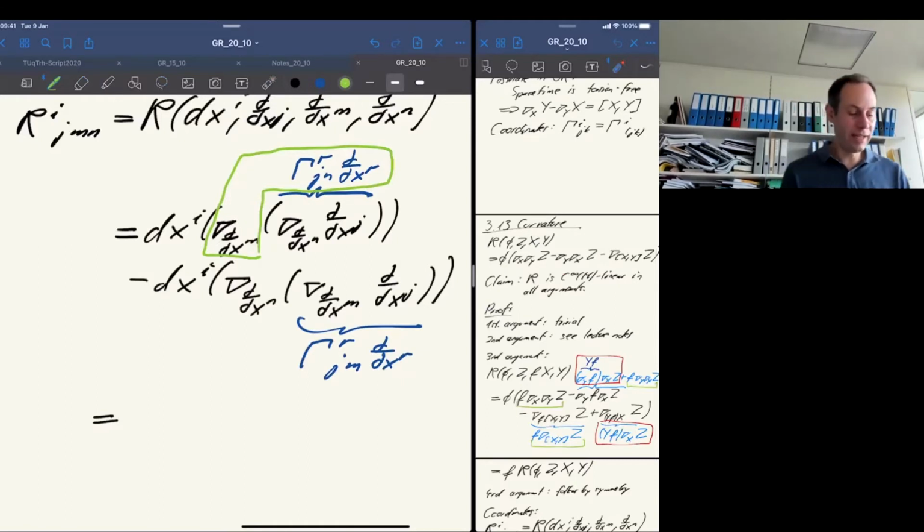And you know that a covariant derivative applied to a scalar is just the partial derivative. That's something we have already seen, which can be written with a comma. So the first term, in other words, is gamma r j n, and then derived in the mth direction. This is what this comma here means.